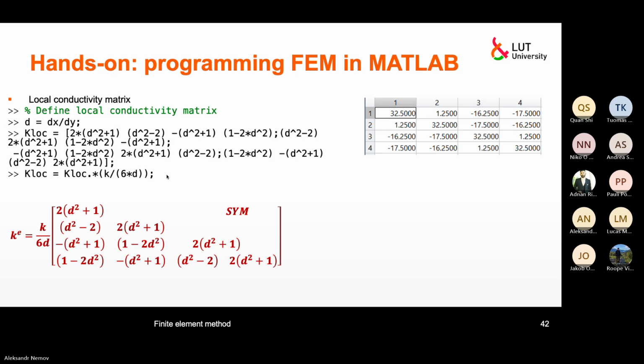Nothing really sophisticated here. I just put this directly into the matrix, and then I use this factor multiplier, right? K over 6d.